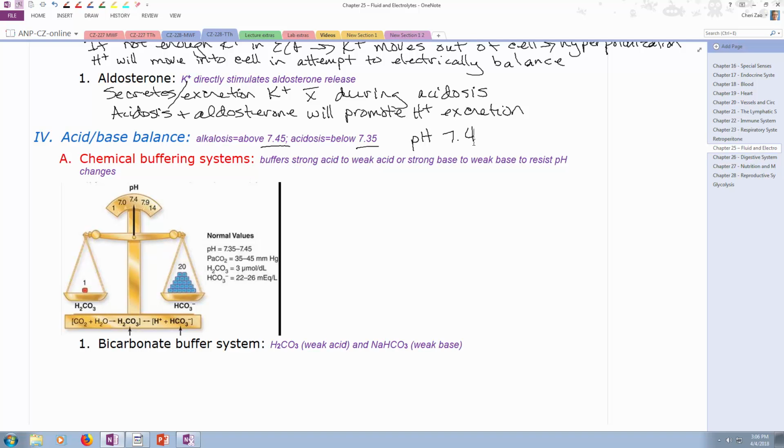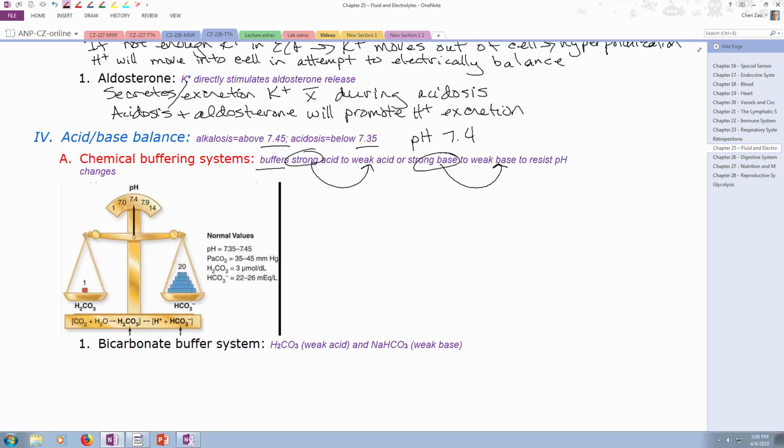Our chemical buffering system is going to buffer a strong acid by converting it into a weak acid, which means fewer protons, or a strong base, and we'll buffer it by trying to convert it into a weak base, therefore resisting pH changes for us.